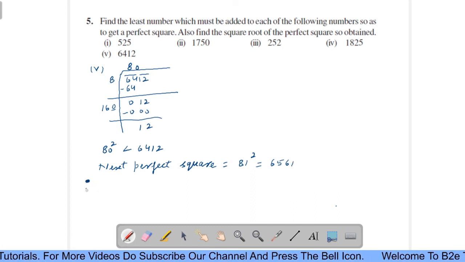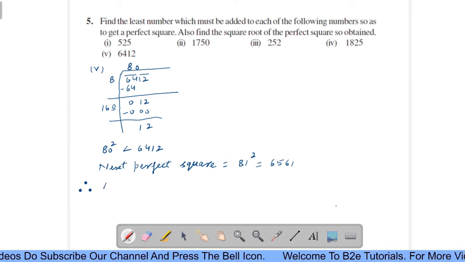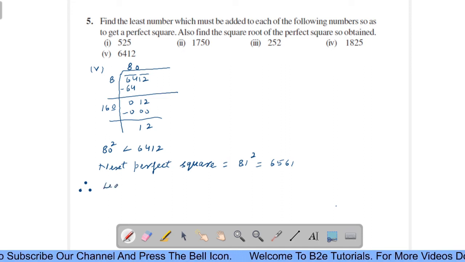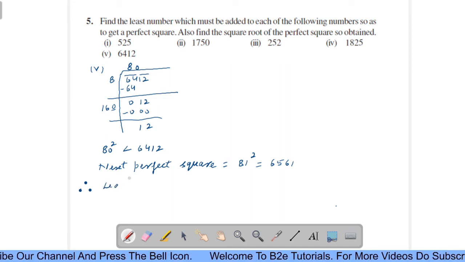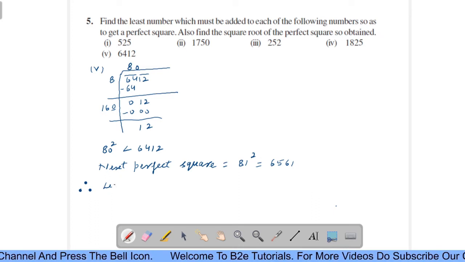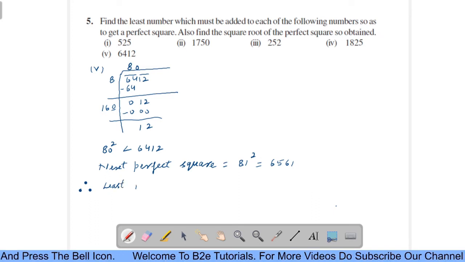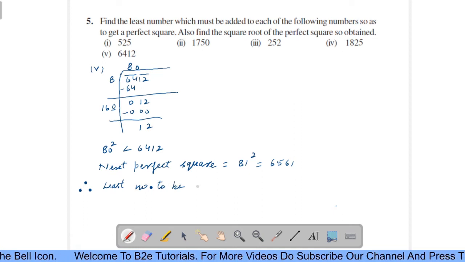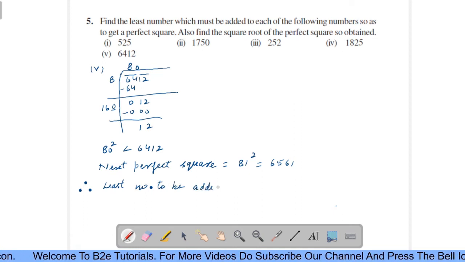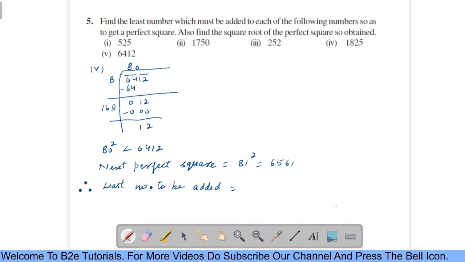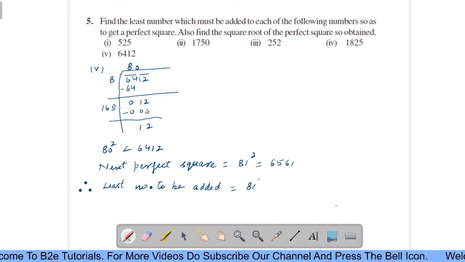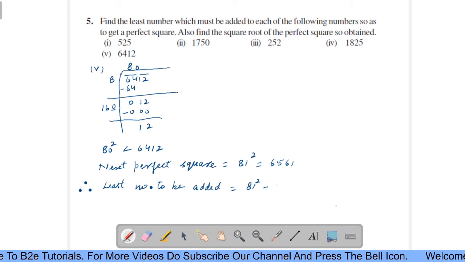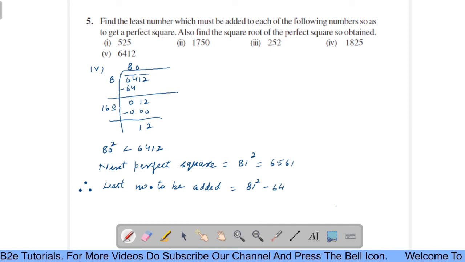Therefore, this number to be added equal to 81 square minus 6412.